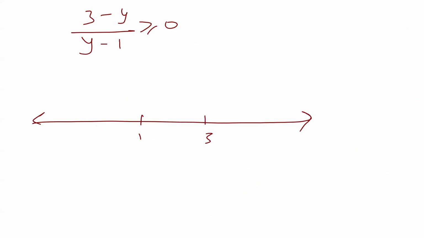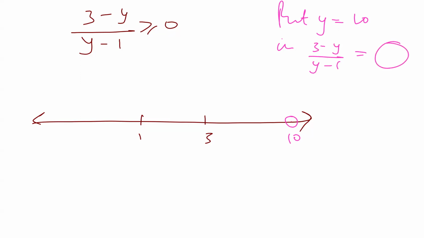I'll take one random value to the extreme right. 10. 10 is the representative of the third region. So put y equal to 10 in 3 minus y. The answer is positive or negative? Negative. So this is negative, positive, negative.